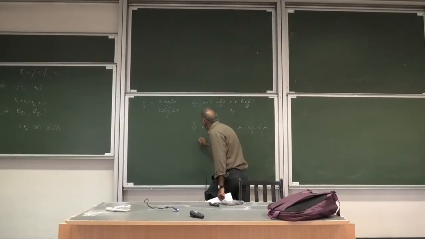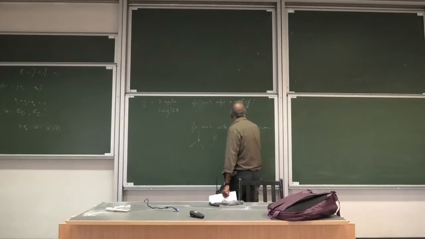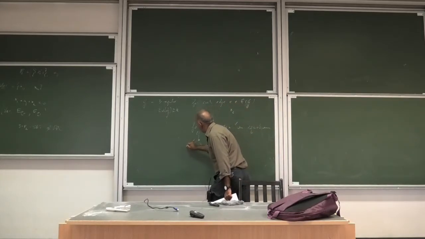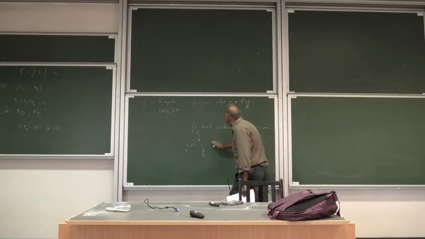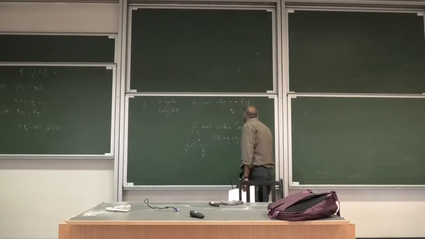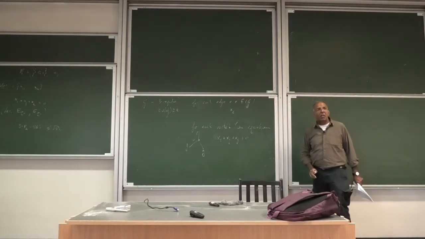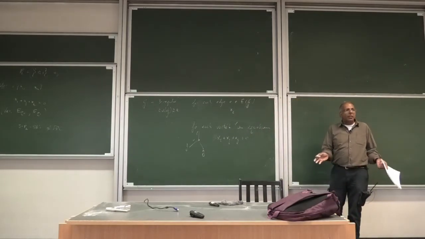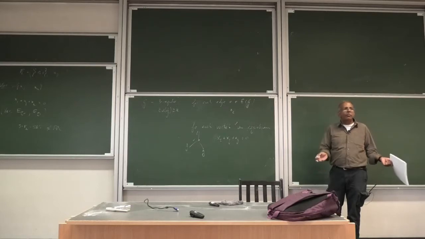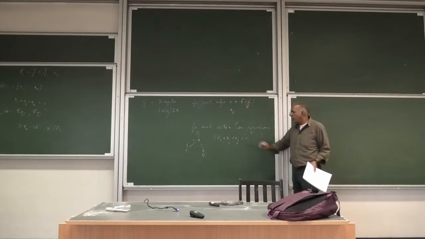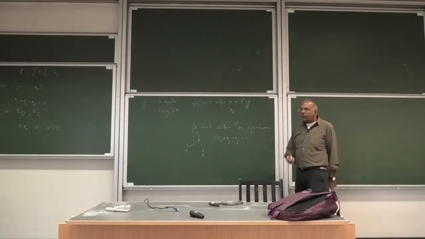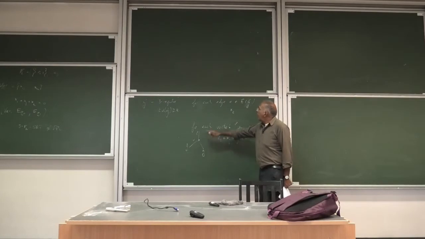So each vertex v, which has e, f, and g, 3 edges incident on it, we have the equation xe plus xf plus xg is equal to 0. At the moment, this is clearly a satisfiable system of equations. Why? Zeros. Just set every variable to 0. It's satisfied.